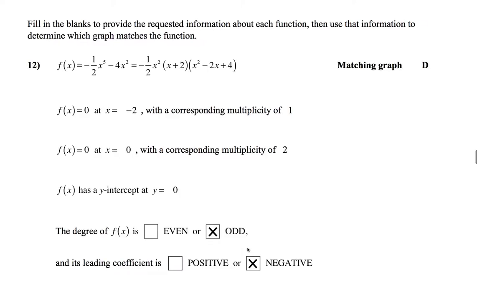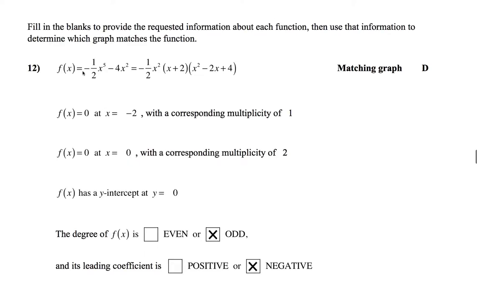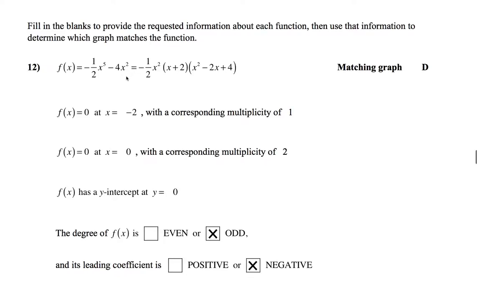Now let's take a look at the first matching question. Matching polynomials and or rational functions. Number 12 featured a polynomial, and we see that the first thing we're asked for is the zeros and multiplicities, and we see that if we substitute a -2 here, then -2 plus 2 is 0, and 0 in this factor times any of this, no matter what it is, is 0. 0 times anything is 0, so that makes the function value, which is a y value, 0.